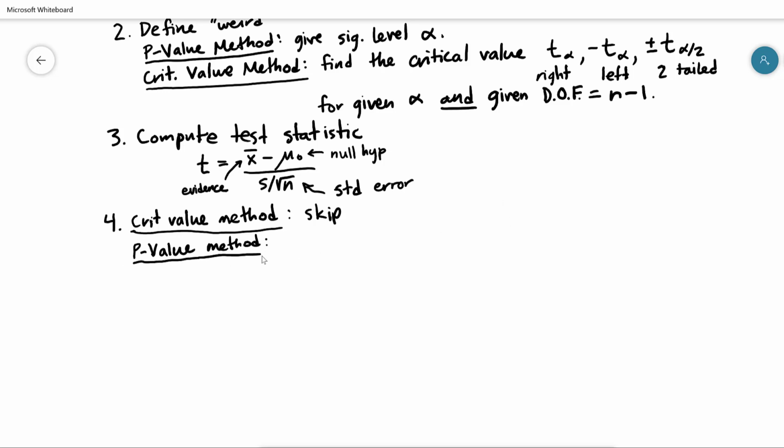And the p-value is going to be the other area, the area associated with the test statistic. So we need to compute or find the p-value, which is, again, the area to the extreme of the test statistic.